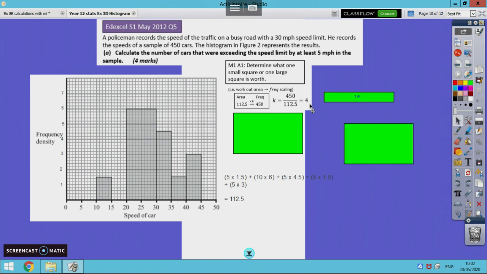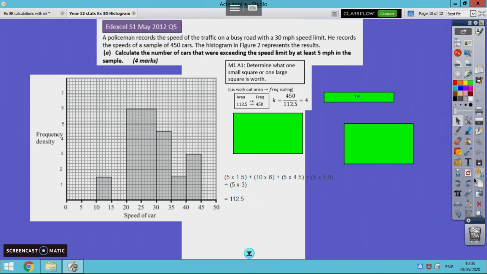Now, calculate the number of cars that were exceeding the speed limit by at least 5 miles per hour, the speed limit given as 30. So we need this plus this, because we want those exceeding by at least 5 miles per hour. So this here, and that's given by this and this.